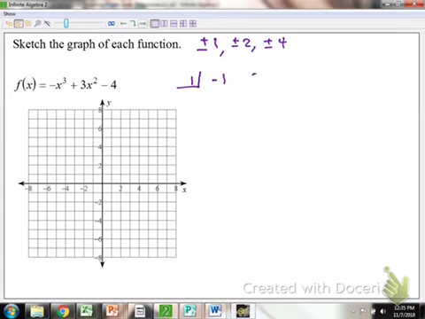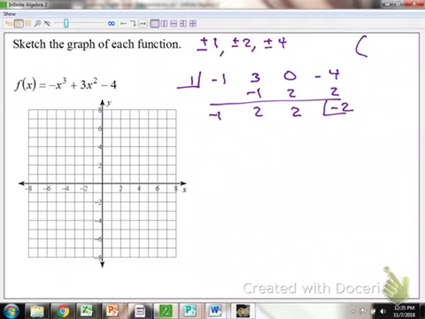Negative 1x cubed, 3x squared, 0 x's. There's a key right there. Negative 4. Bring down the negative 1. That's negative 1, that's 2, that's 2, that's 2, that's 2, negative 2. So that doesn't work, but by the remainder theorem, 1, negative 2 is a point on my graph.